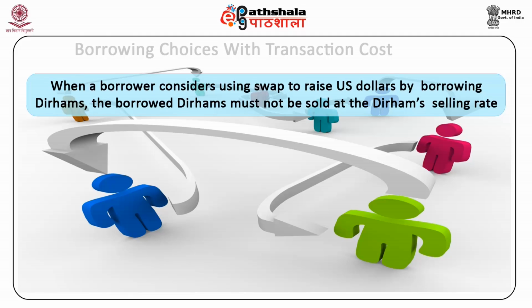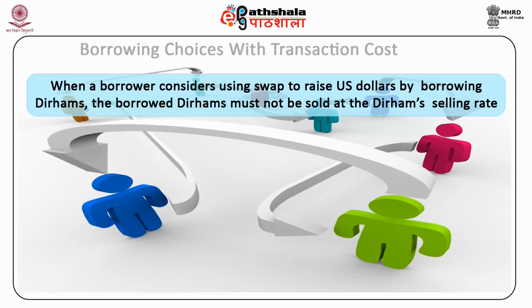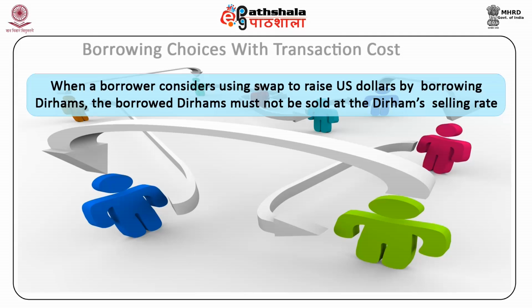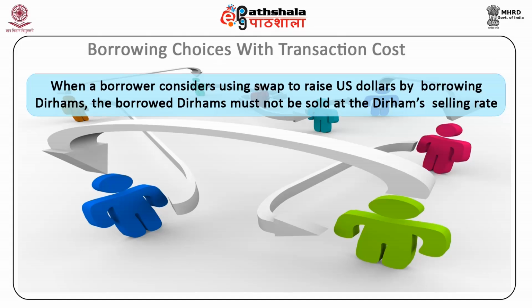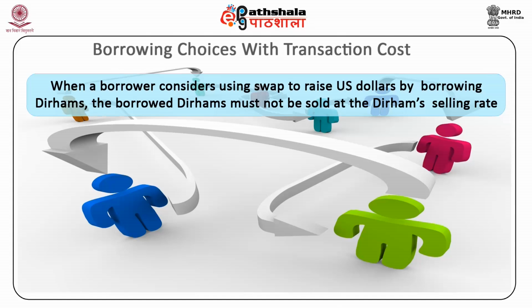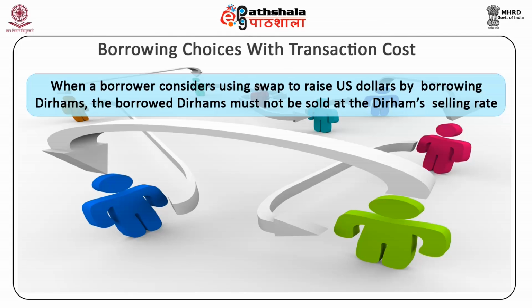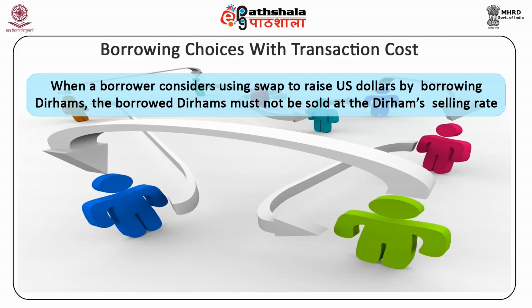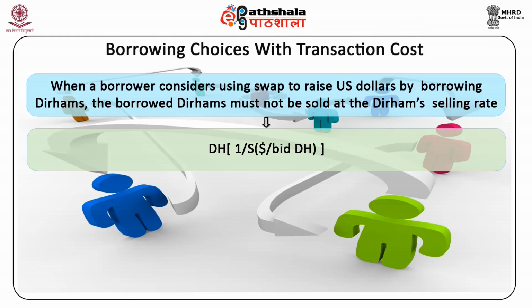When a borrower considers using a swap to raise US dollars by borrowing dirhams, the borrowed dirhams must be sold at the dirham's selling rate, spot dollar per bid rate of dirham. For $1, the dollar borrower must therefore borrow 1 divided by the spot rate of dollar per bid rate of dirham in dirhams.